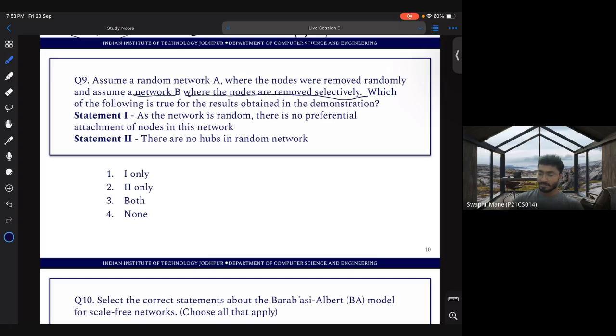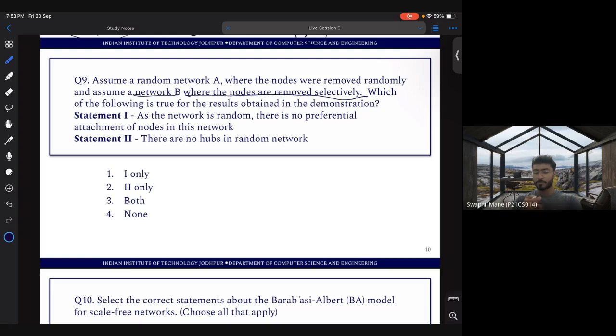Understood. Let me summarize this problem. Two random networks have been given, network A and network B. From network A, we are randomly removing some nodes.